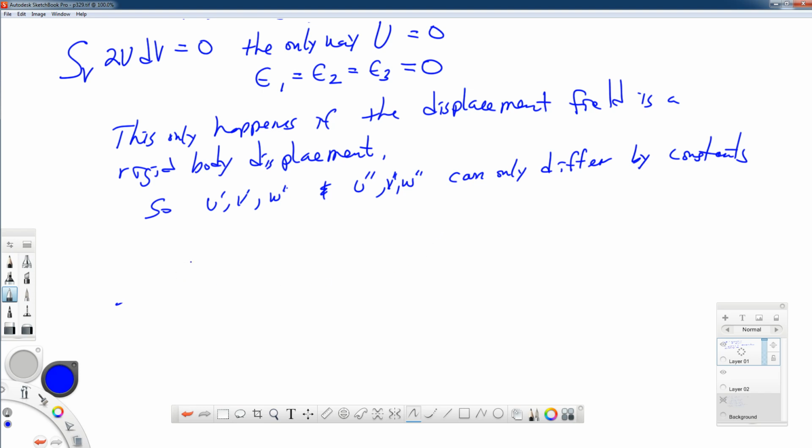So in the end, what we're saying then is that a solution to that differential equation that satisfies the equilibrium equations will be unique.